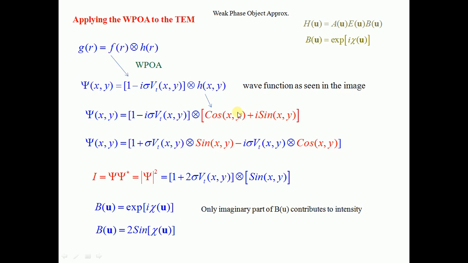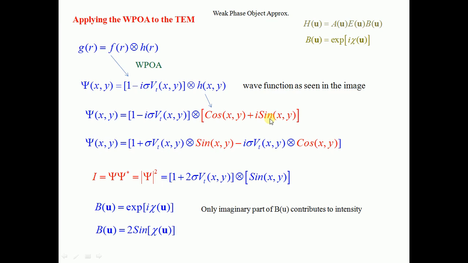So once again we apply this approximation in TEM, the weak phase object approximation, where H was defined as A times E times B, and B was e to the power of iσu. So G is equal to F convoluted with H. Let us take h to be cos plus i sine.